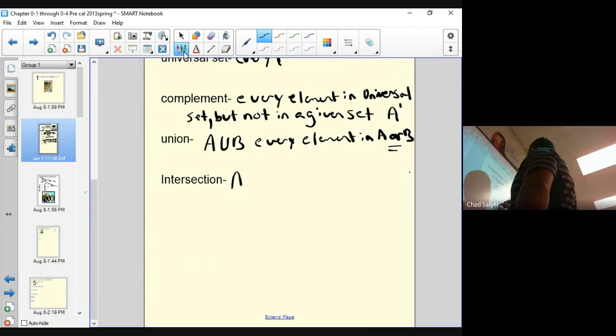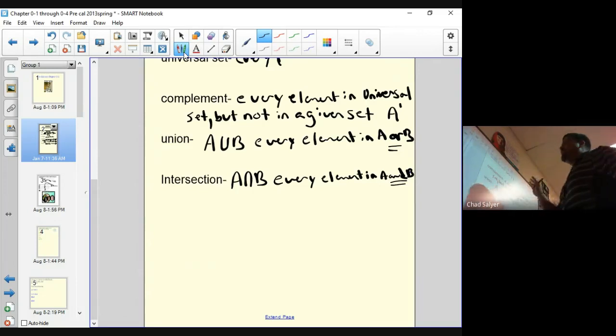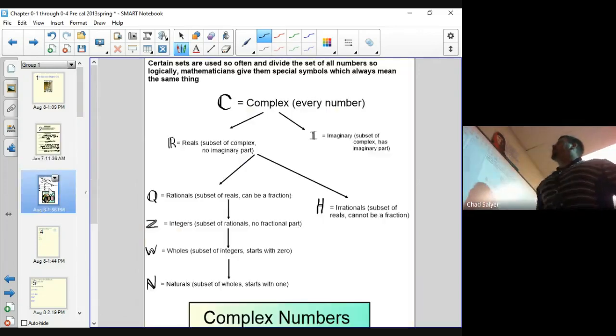Intersection, when we take the intersection of two sets, we use this N kind of looking symbol, and it's every element in A and B. So the key word here is and. We'll do some examples to reinforce this, so don't worry if that's not completely clear to you just yet.